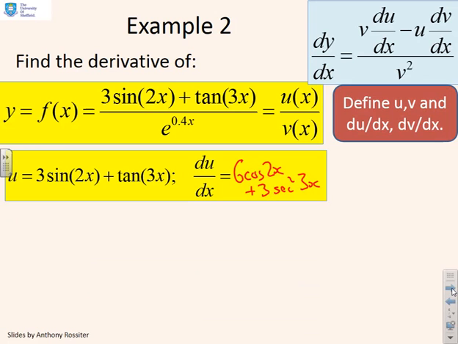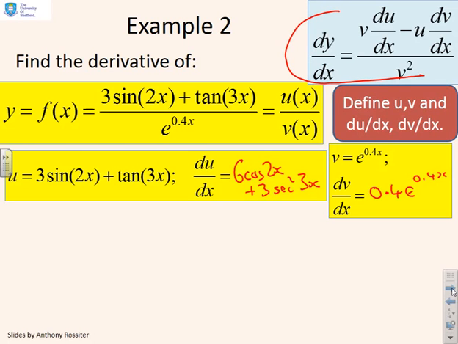That's covered from the earlier videos, or just taken straight from the table. Similarly, v equals e to the 0.4x, so dv dx is 0.4 e to the 0.4x. And now all I do is plug those answers into the formula for the quotient rule at the top.